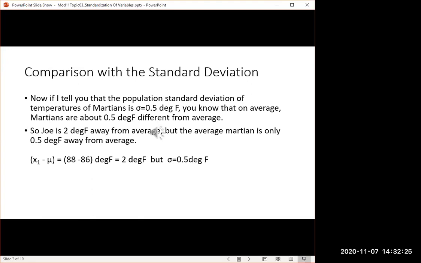Now, if I tell you that the standard deviation for Martian temperatures is 0.5 degrees Fahrenheit, what that means is that on average, Martians are about half a degree different from the average Martian. So Joe's 2 degrees away from average, but your average Martian's only half a degree away from average.